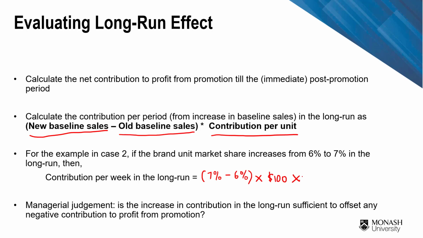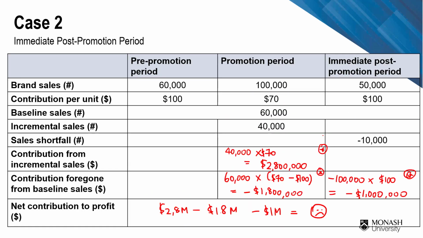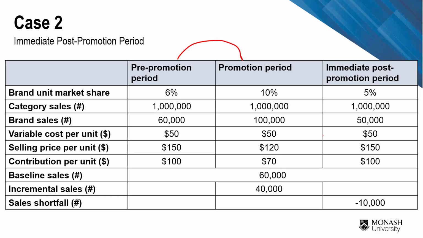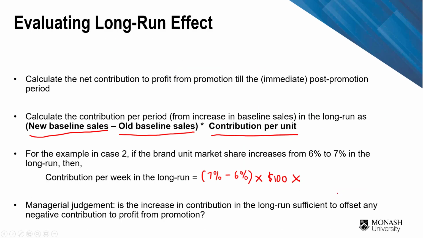So if you remember from case 2, let's just work back. In case 2, our category sales is actually 1 million. So we can fill in here that our category sales is 1 million. So the contribution per week is going to be $1 million. Ooh, that's good.